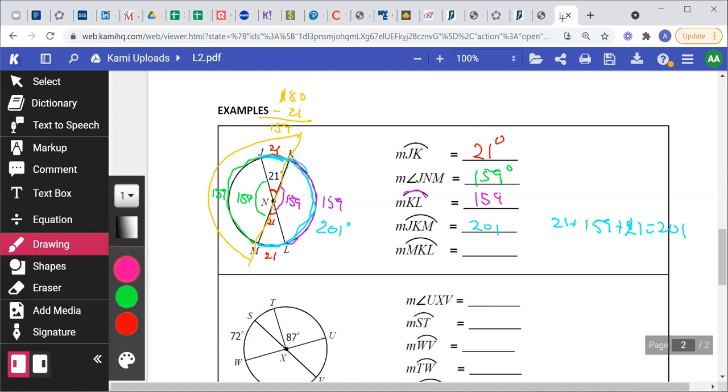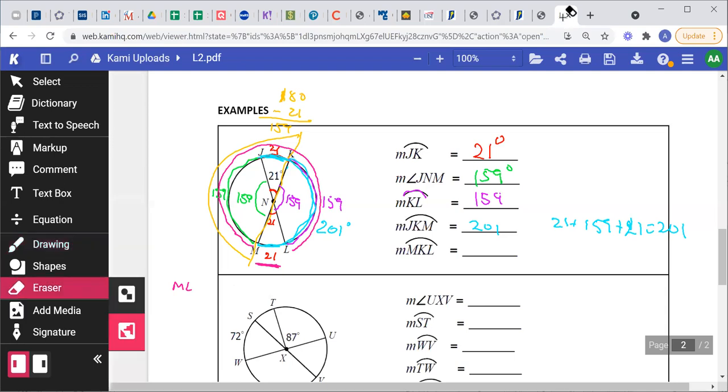Okay, this M. I want to move from M to K and then to L. This is a major arc, because I want to move from M to K. So if K was not included, and I was told to find ML, I might be confused to say, oh, maybe it's this. But since they added K, that means I have to go around. Then what should that one be?